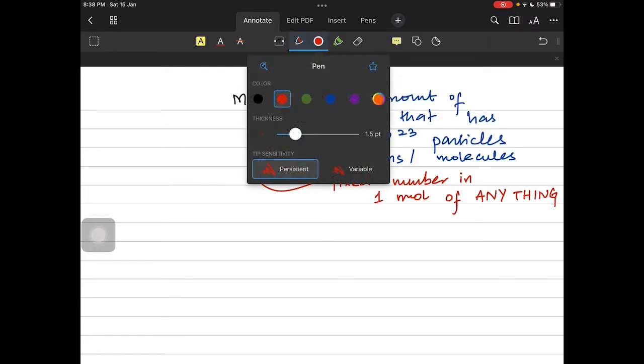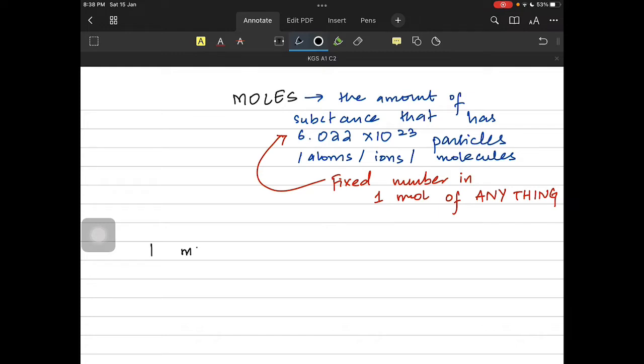For example, if I were to talk about 1 mole of sodium atoms, or let's suppose 2 moles of, I don't know, copper 2+ ions, or perhaps 5 moles of hydrogen molecules.